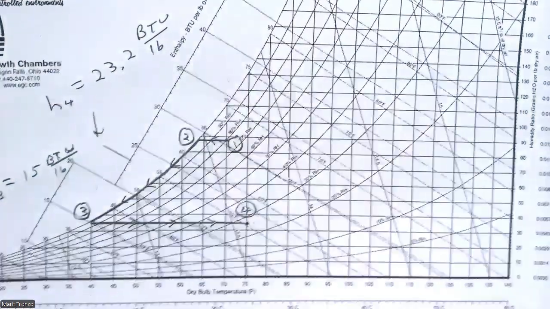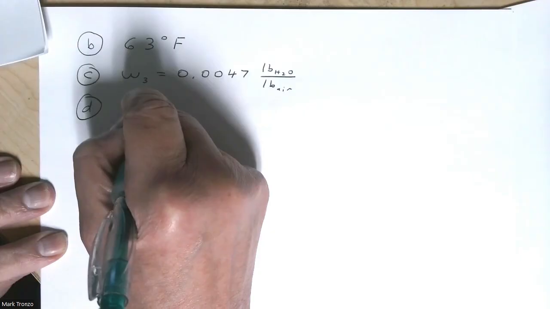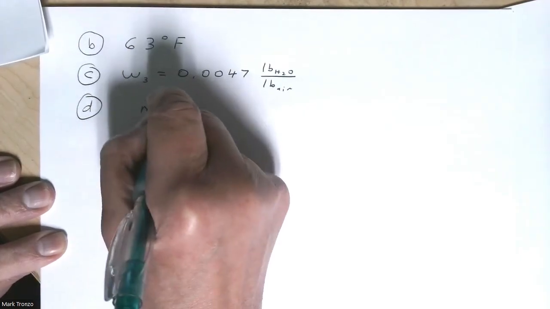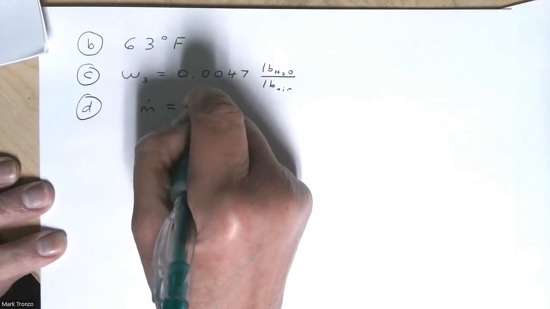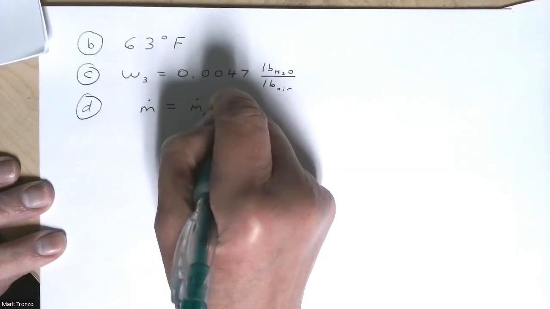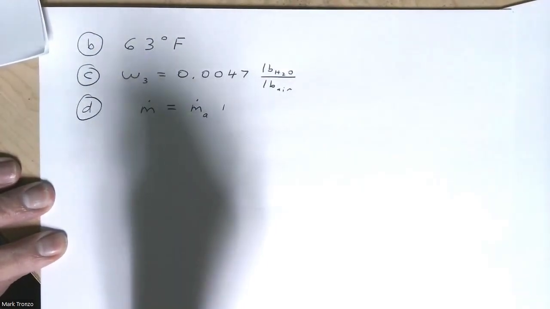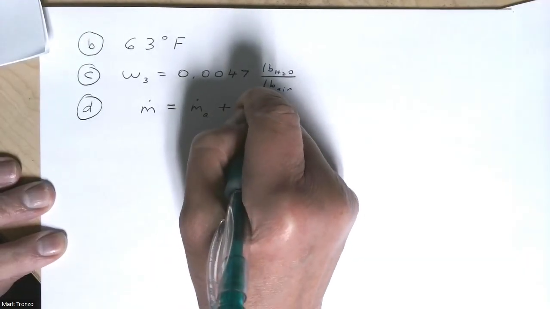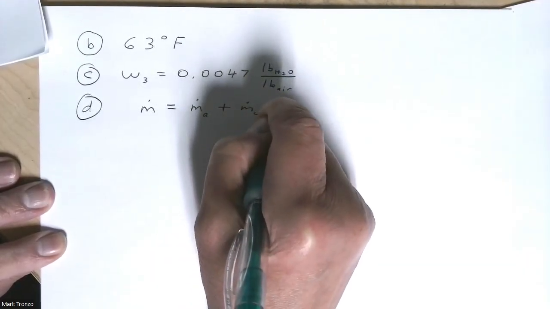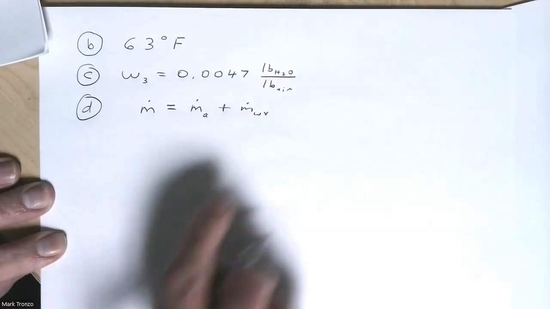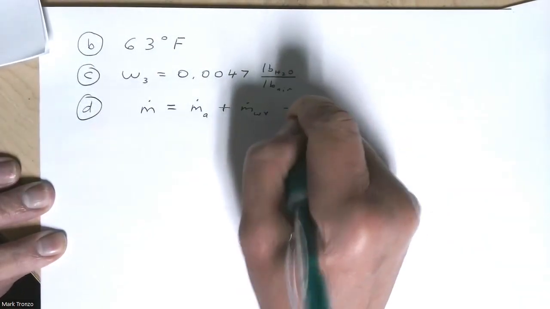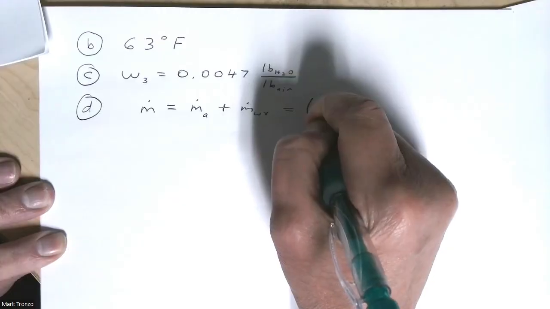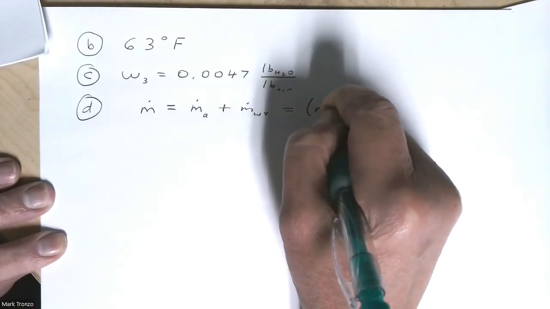Like that. But we're also going to need to remember that the total mass flow rate is the mass flow rate of the air plus the mass flow rate of the water vapor. And remember, we can actually factor out the m_a, and we could say something like this.